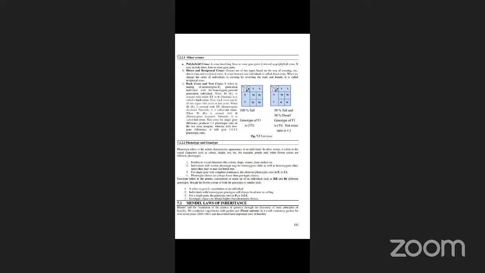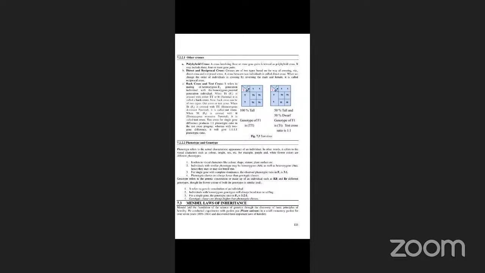Genotype is nothing but the genetic constitution or makeup. When you check the genes, whether they have a homozygous dominant, homozygous recessive or heterozygous genotype, that combination of alleles is called the genotype.